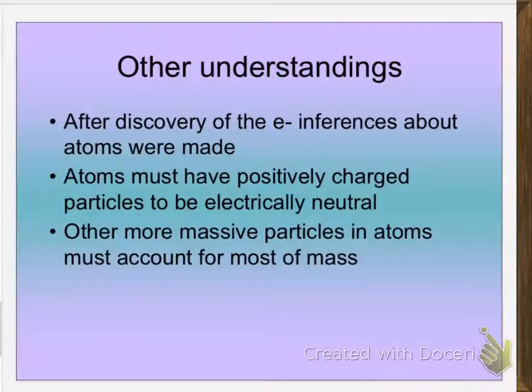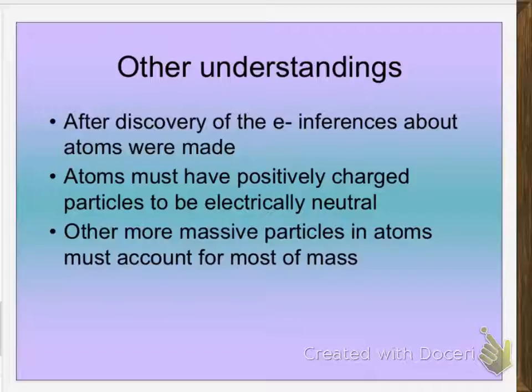So at this point, after the discovery of the electron, a lot of people were working with the structure of the atom. Once it was kind of known that there was more to it than just Dalton's big dull sphere, there were a bunch of people who were making inferences and doing work.